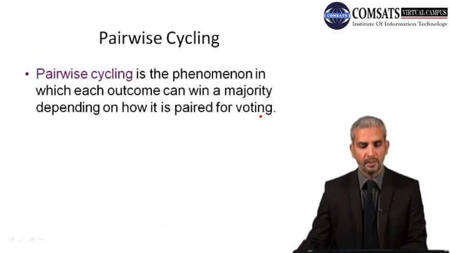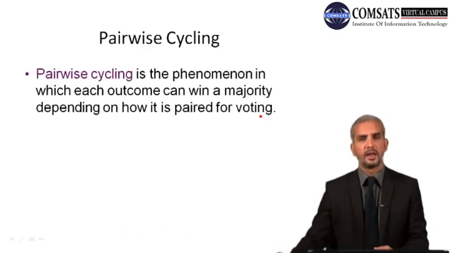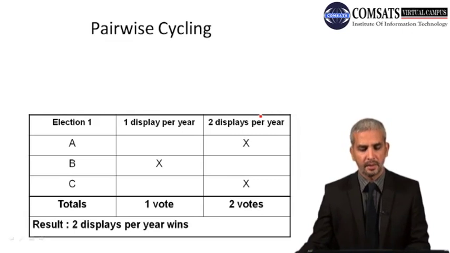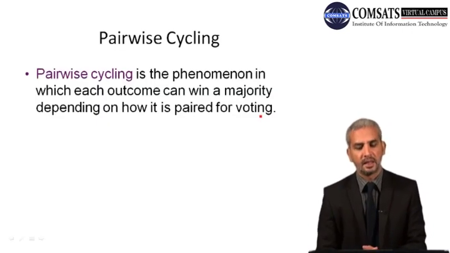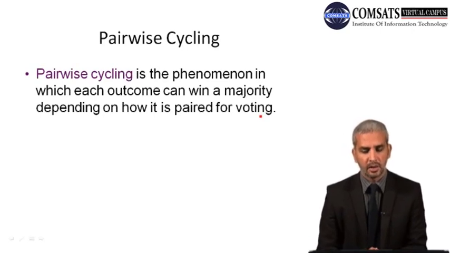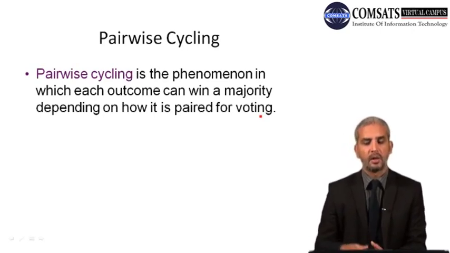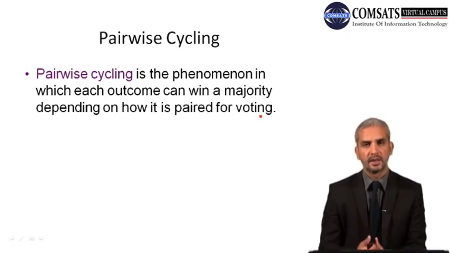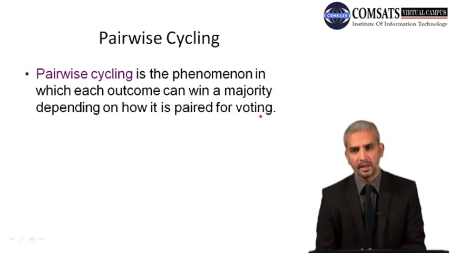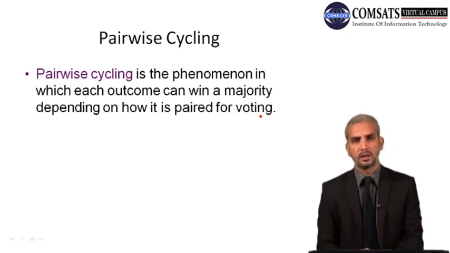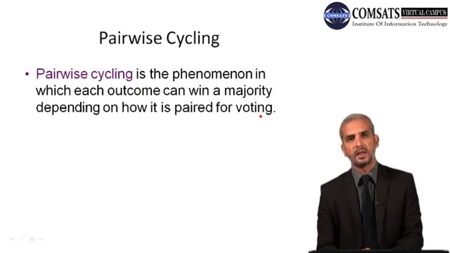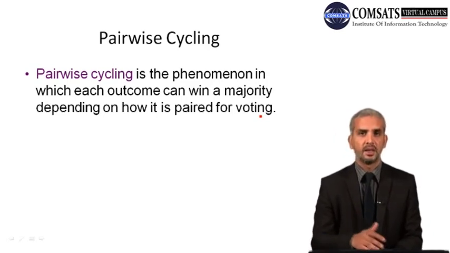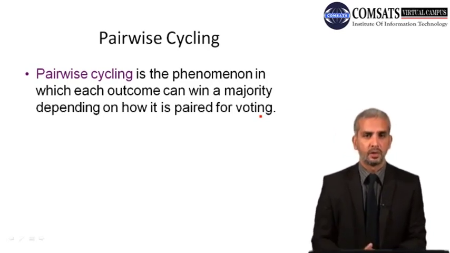Now if we consider this, what is happening is the pairwise cycling phenomenon, where each outcome can win a majority depending on how it is paired for voting. We will see in a minute that pairwise cycling is basically when individuals vote for their choices of alternatives, and their preferences are automatically represented in their voting.